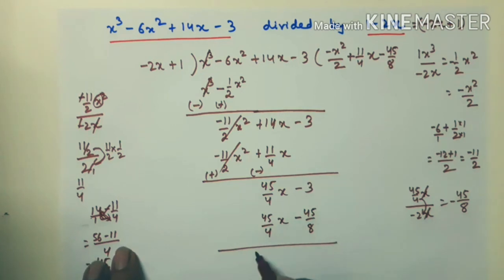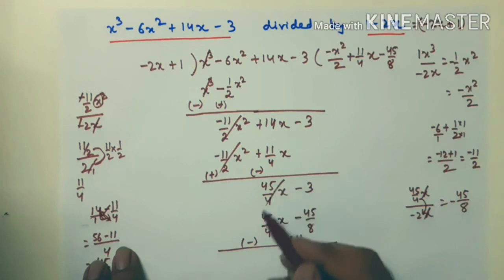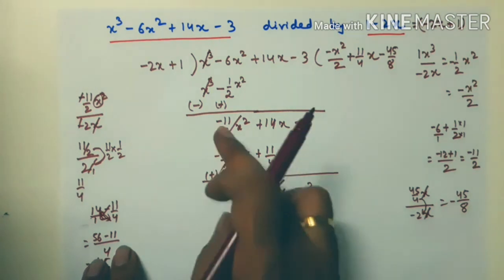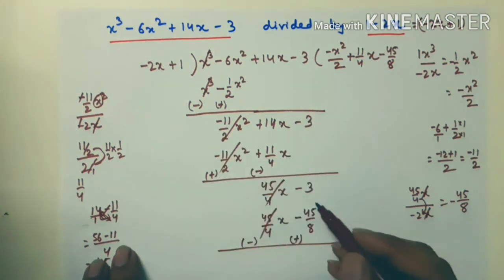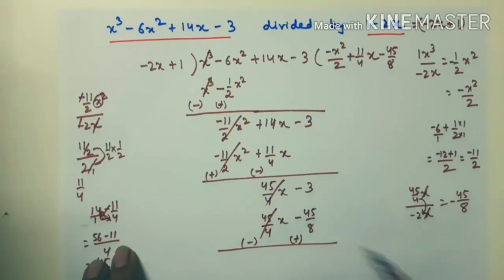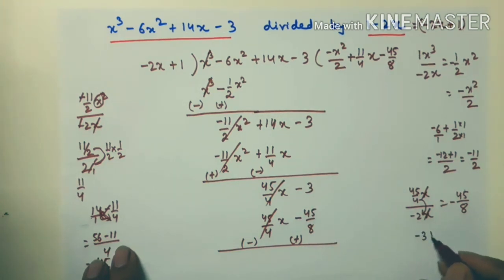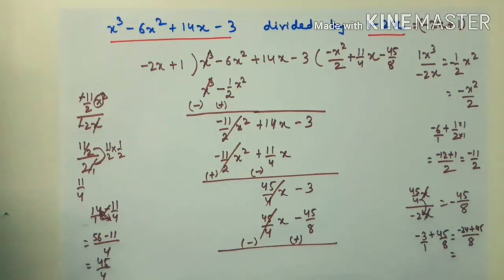Now the last step, subtraction. This is plus, minus becomes plus, plus becomes minus. So these two get cancelled. Remember, always the first term will get cancelled. So the next thing is minus 3 plus 45 by 8. The same thing, take out the LCM. Here it is 1. So just cross multiply. So minus 3 into 8 is minus 24, plus 45 into 1, 45. So we have minus 24 plus 45.